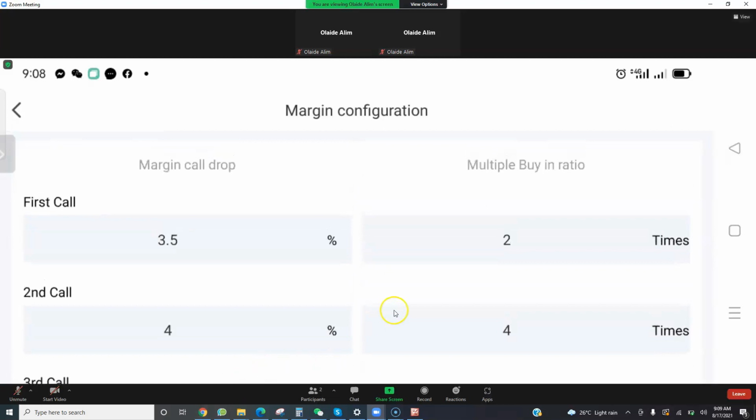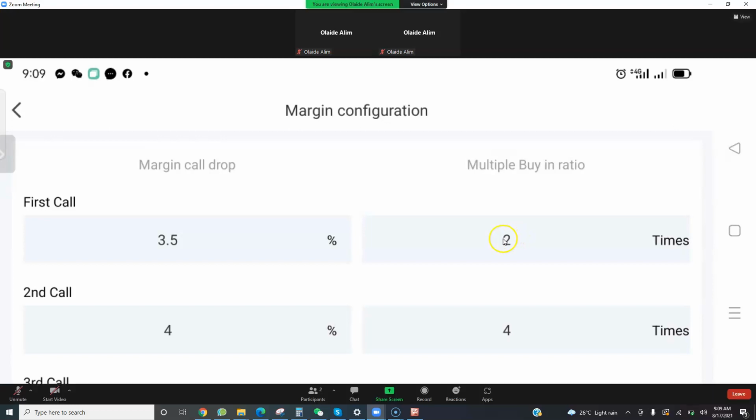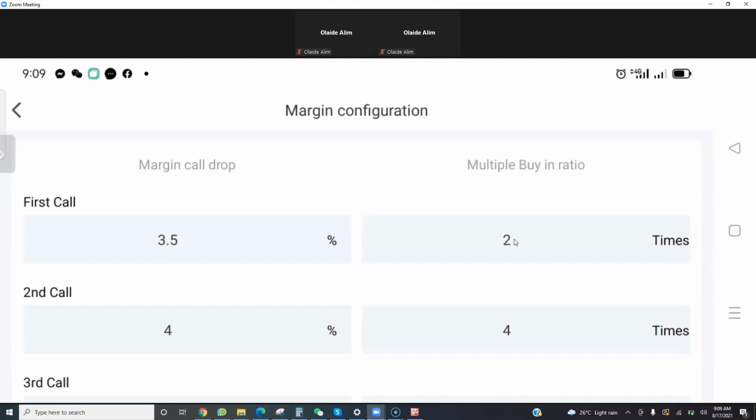The first call 2. We've already instructed the software that our first buy is $10, which means from $100 we have $90 left. We instructed the software that once it dips to like 3.5, the software should buy 2 times. That means this one is 20 plus the first $10, that is $30.